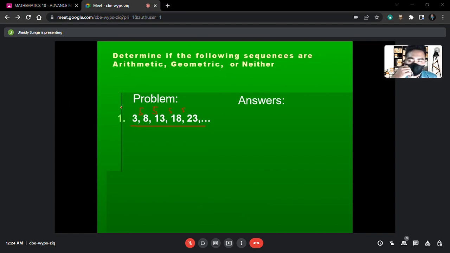After we get this common difference, we should determine if the sequence is arithmetic or geometric, or neither of the two, right?